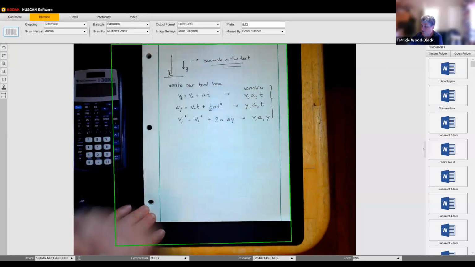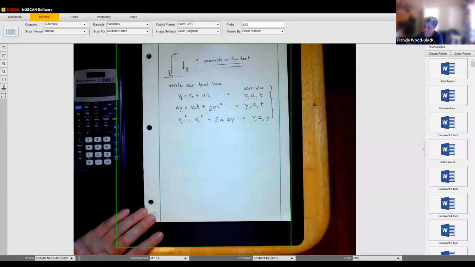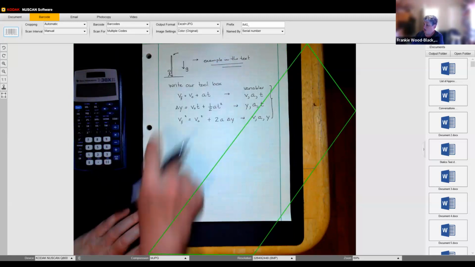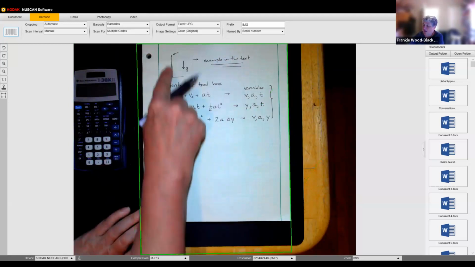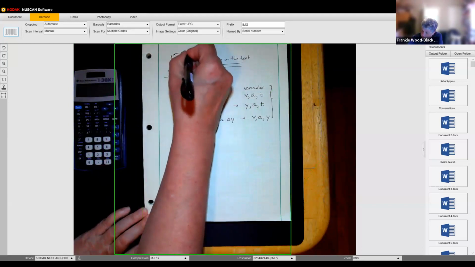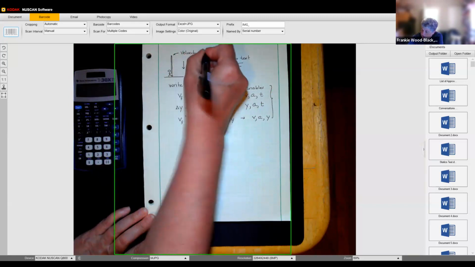One of the things that we know is something about the very top. Velocity is a vector. So if I am going up, the velocity at the top has got to equal 0 because I'm changing direction.